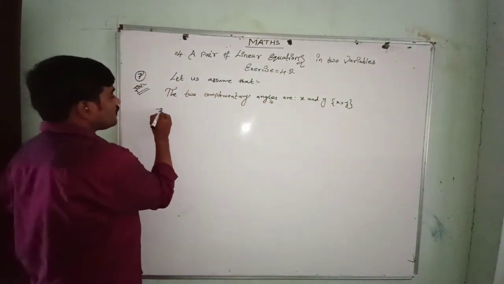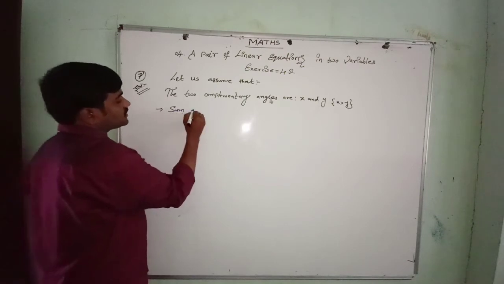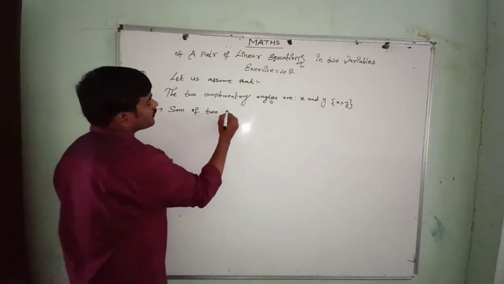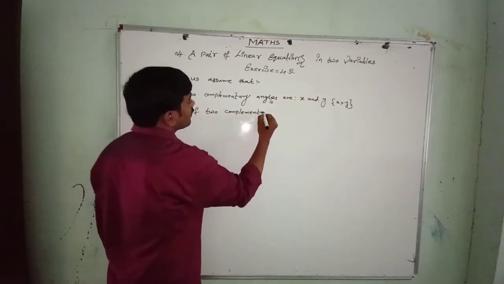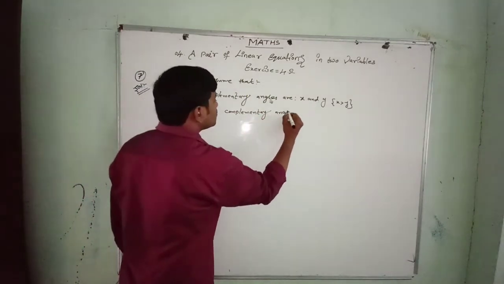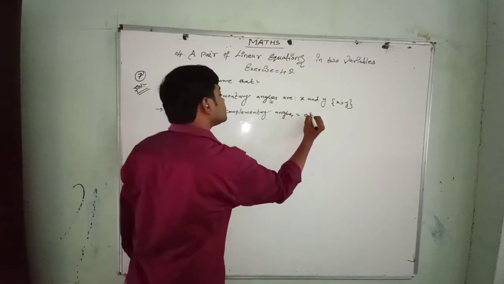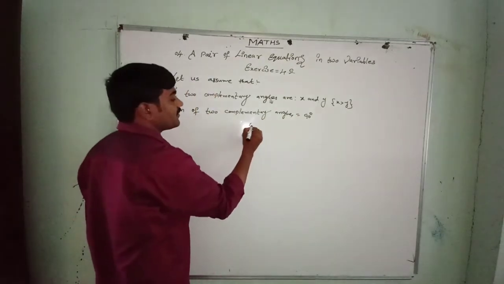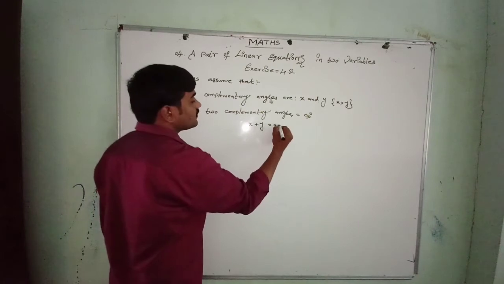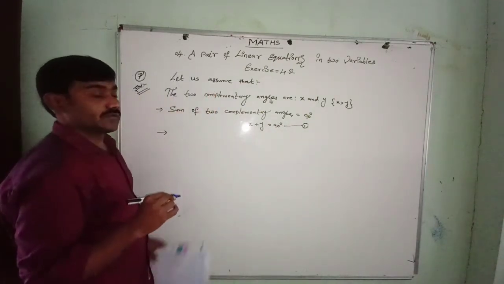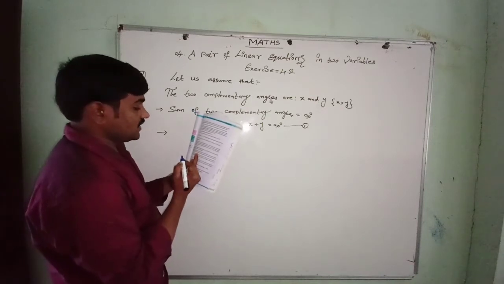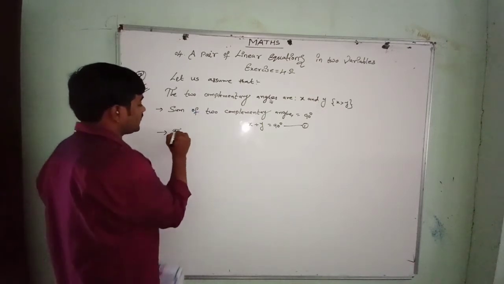So the sum of two complementary angles is, we know, 90 degrees. So x plus y equals 90 degrees. This is equation number 1, and it gives another statement.